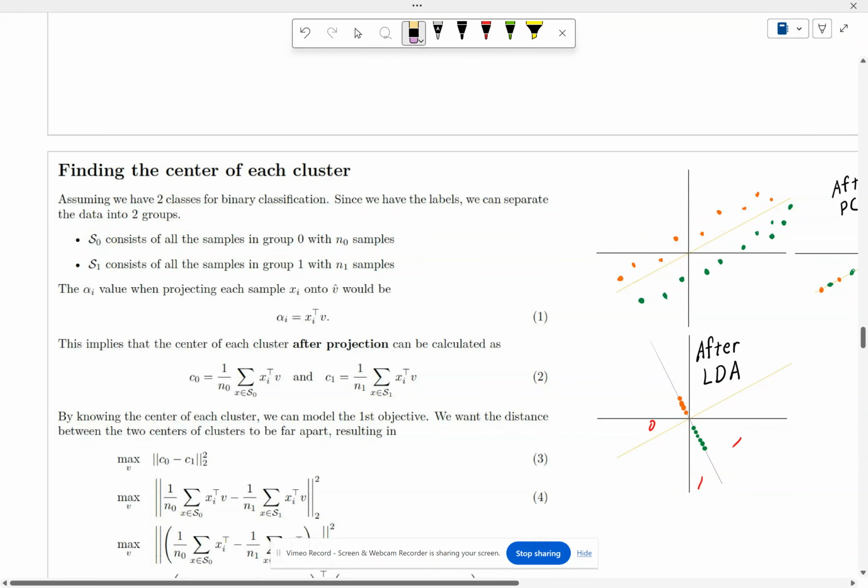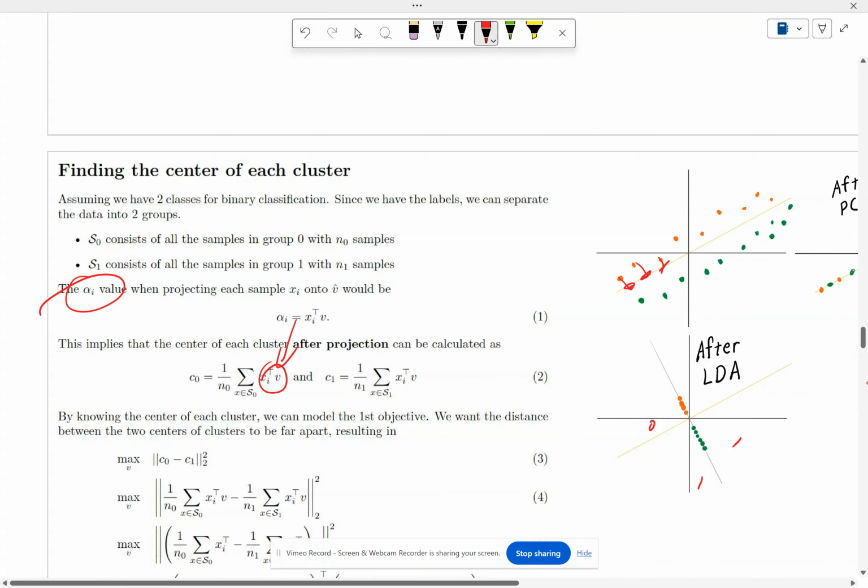Now remember, we just really care about the alpha value. So each alpha value is just the projection of the sample onto the vector. I should have written the unit vector here. Okay? So that's how you get the alpha value. Therefore, if you get the alpha value, that's the result after the projection.